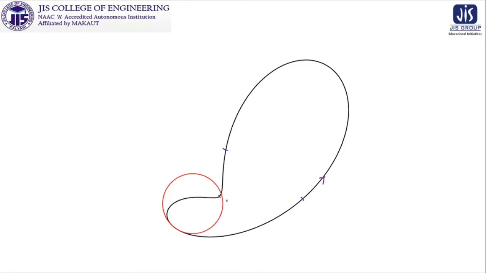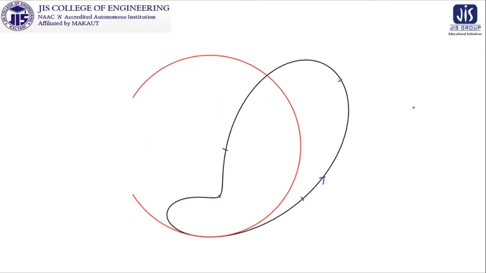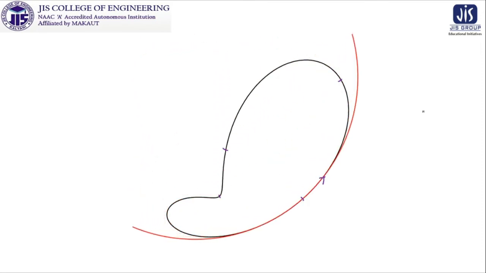What is going on is that at a fixed point of this curve, we are drawing a circle which matches the bending tendency of the curve at that point. For each and every point, when the bending tendency of the curve changes, the corresponding circle also changes.